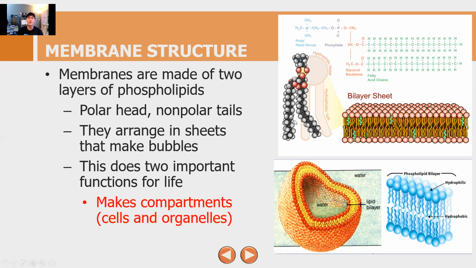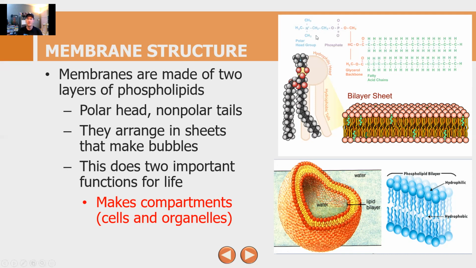Right. Cell membranes and membranes in general are made up of 2 layers of these phospholipids. Now, if you look at my diagram on the right-hand side of the screen that I'm lassoing with my mouse, this really illustrates, okay? When you get down to the tiny atomic world, you're going to have this region up here on the top, a polar head group and a phosphate, right? By the way, phosphate is charged, right?